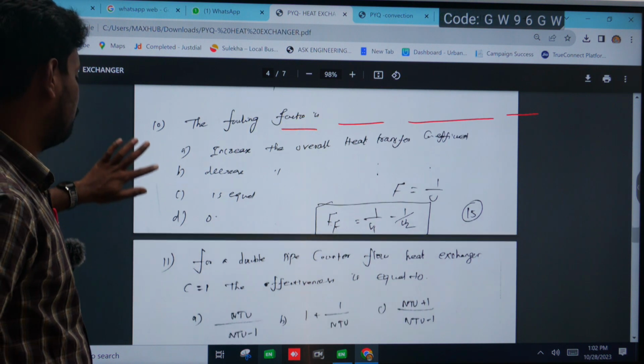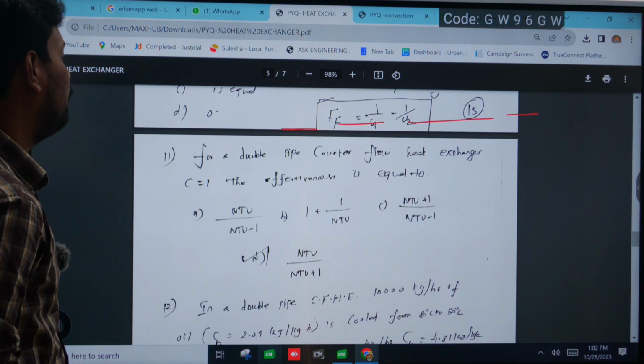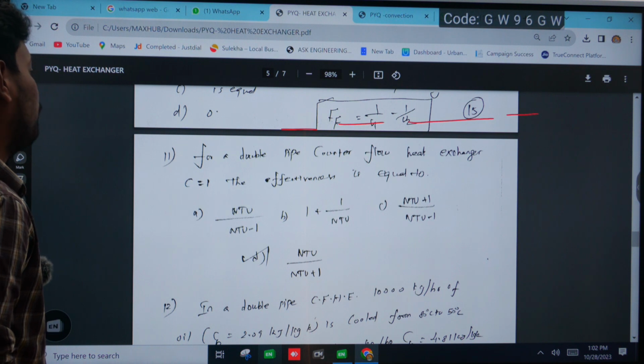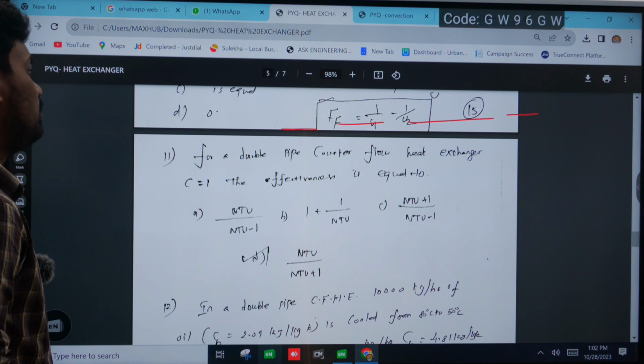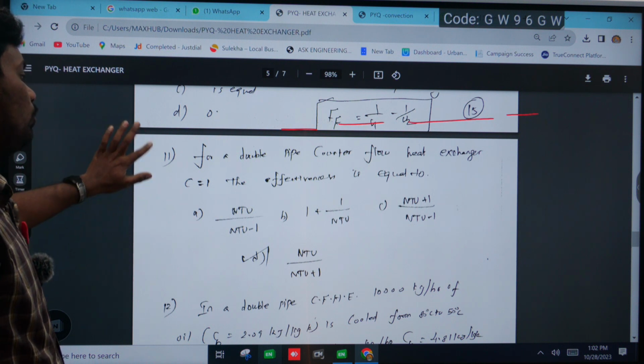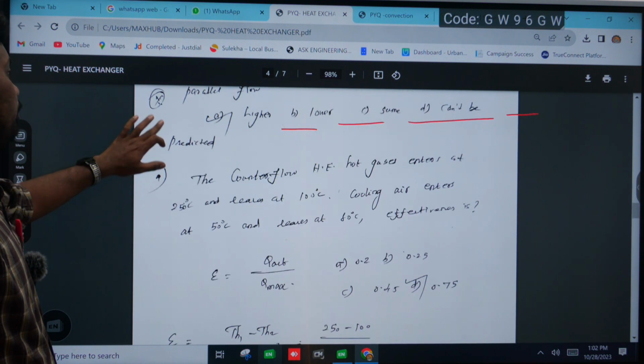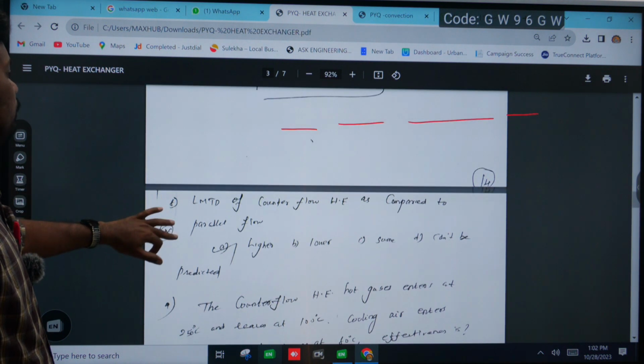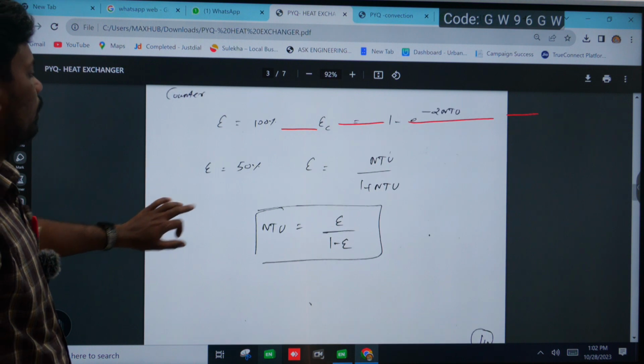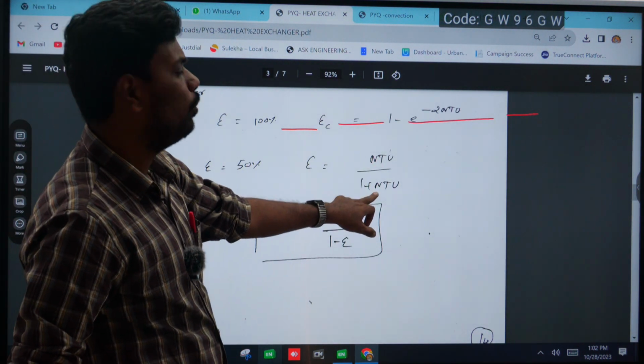Okay, next, for a double pipe counterflow heat exchanger, when C is equal to 1, the effectiveness is equal to what? That effectiveness we have already seen: effectiveness is equal to NTU by 1 plus NTU.